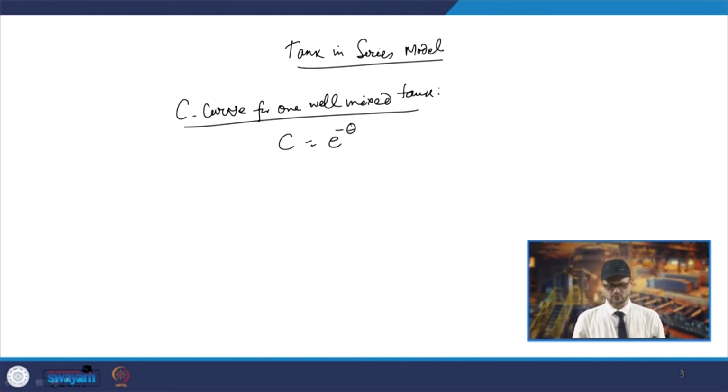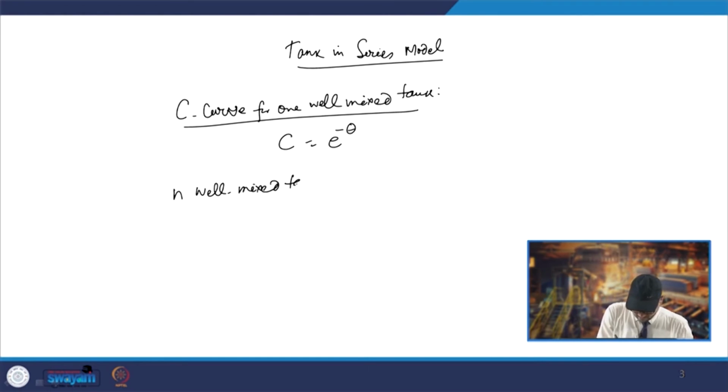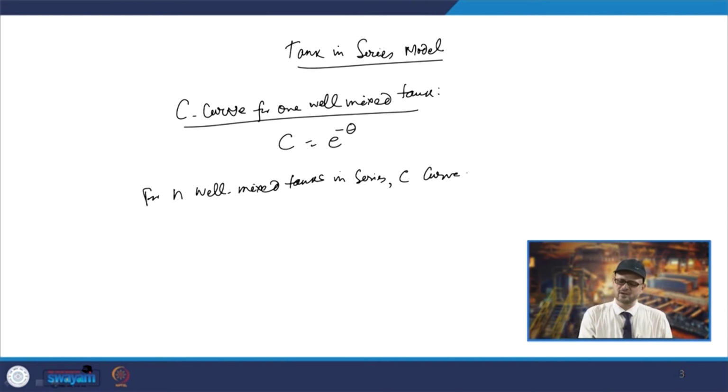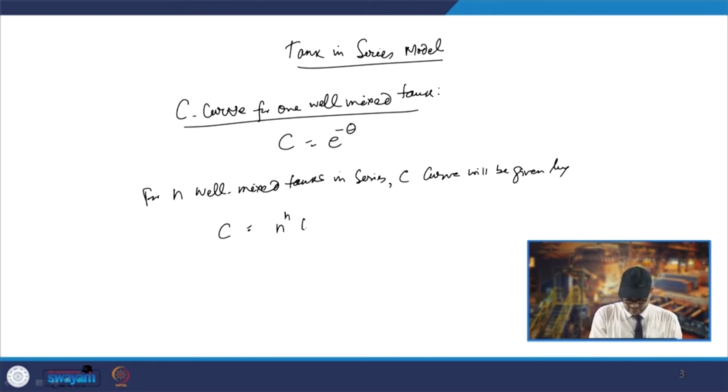Similarly, if you have n well mixed tanks connected together in series, the C curve again will be given by the equation: C equal to n raised to the power n, theta raised to the power n minus 1, e raised to the power minus n theta, divided by n minus 1 factorial.